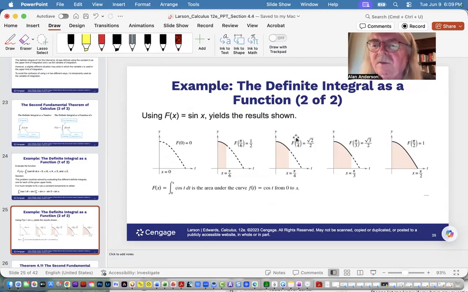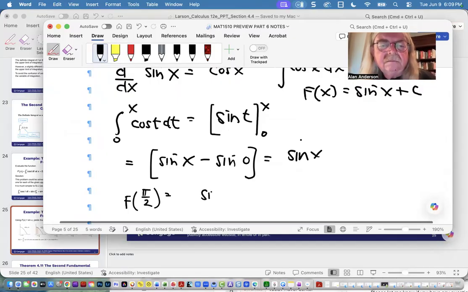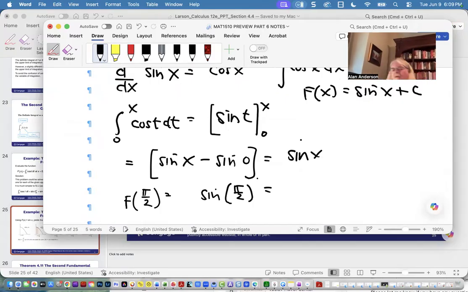The area is simply 1 because, I'll just confirm that real fast, this is pi over 2 radians, which is the same as 90 degrees, and that would be 1. Yes. Okay.